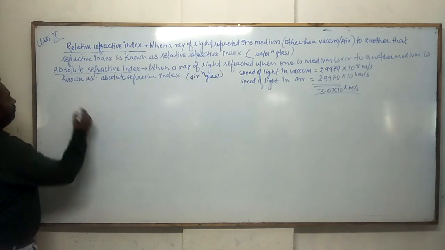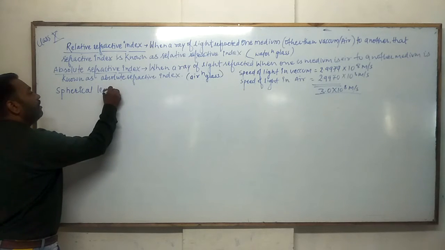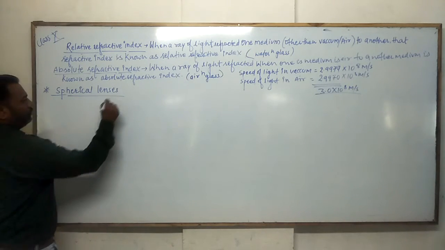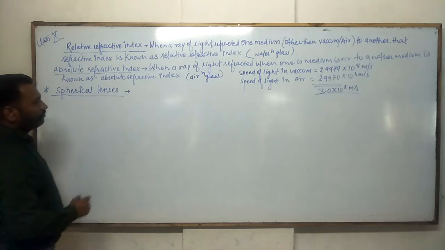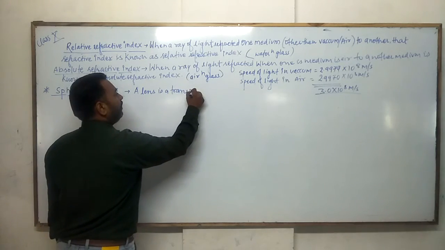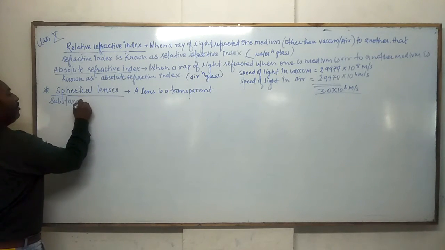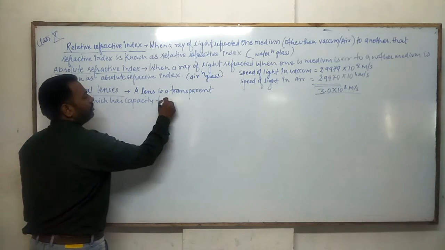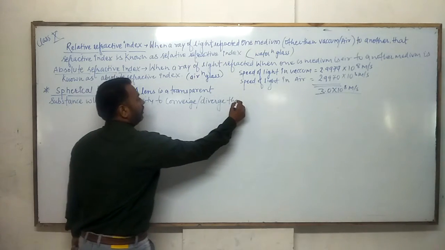Next is spherical lenses. So a lens is a transparent substance which has the capacity to converge or diverge the light.